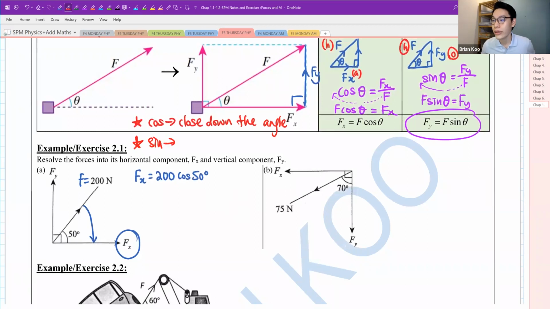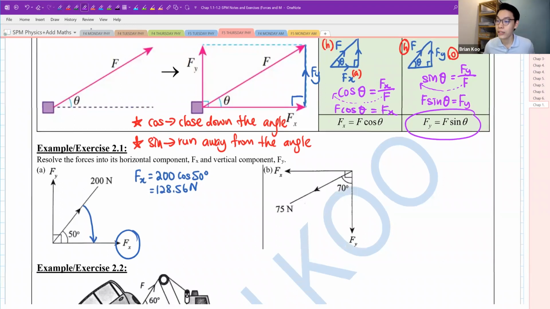Sine means run away from the angle. So let me calculate first. This is 200 cos 50, which is, you type in your calculator exactly 200 cos 50, you get 128.56 newtons.